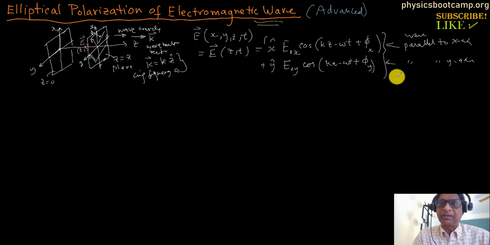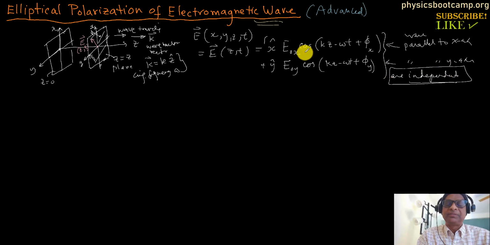But they are independent waves. This is not a function of that, and that is not a function of this. They're not related to each other. When you have two waves, you can set one of the phases to 0 as a reference, but you can't set both of them to 0 unless they are actually in sync. They can be completely out of sync. Okay, so you can see I can do this as long as I do this.